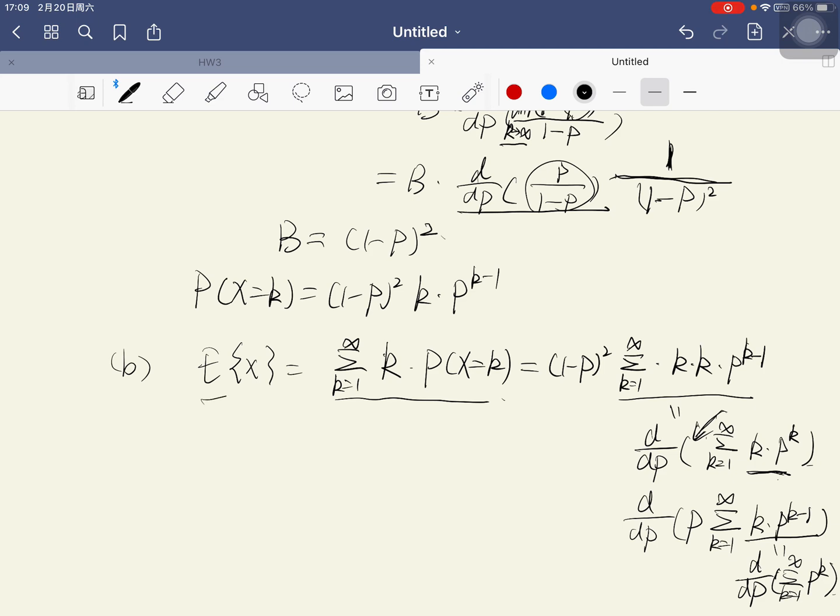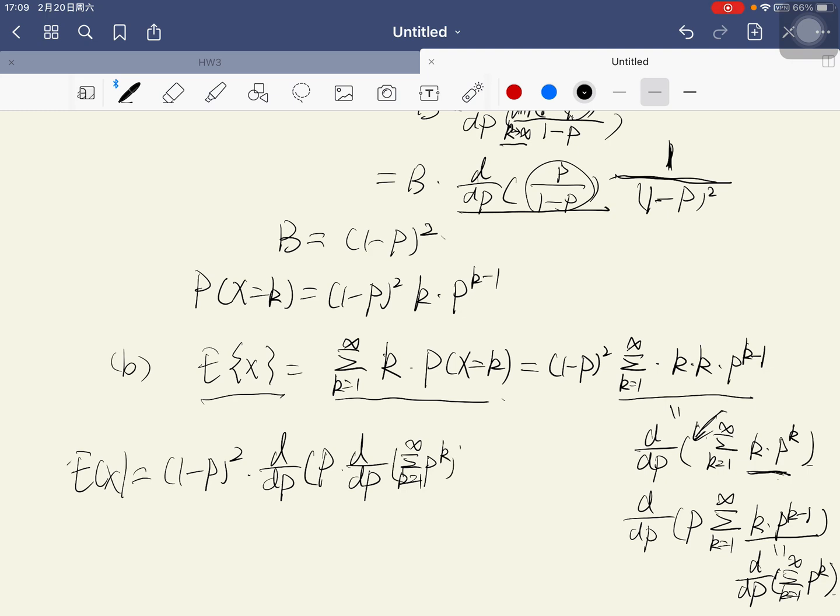So E[X] is equal to (1 minus p) to the power of 2 times p times the derivative with respect to p of the sum over k from 1 to infinity of p to the power of k.